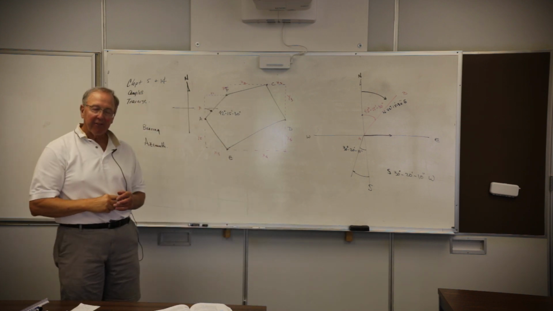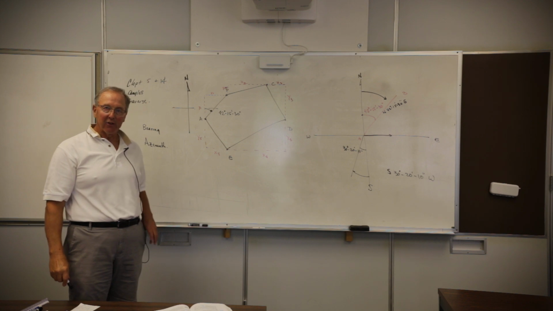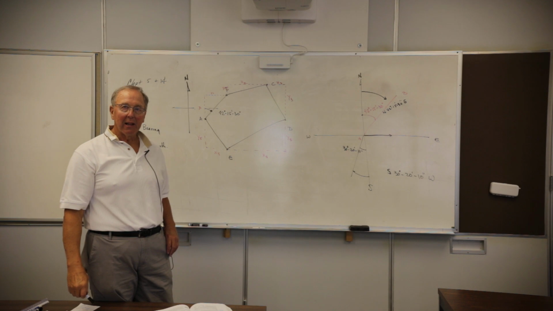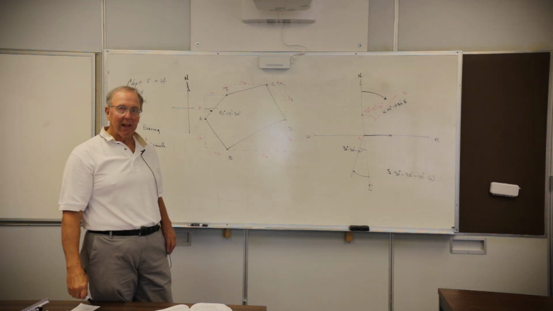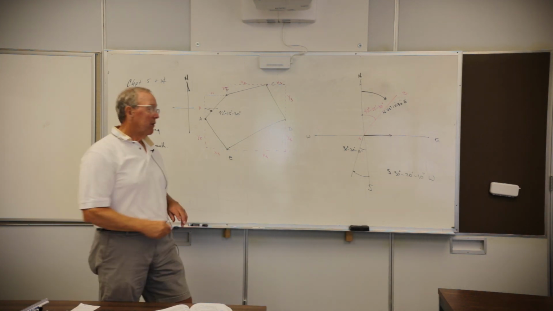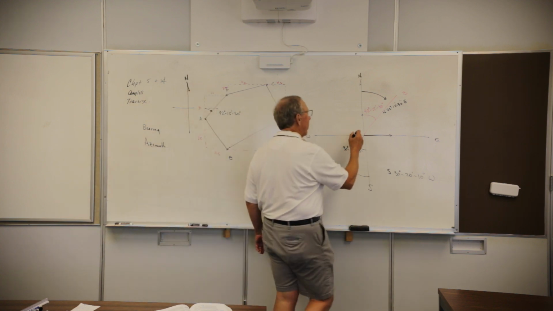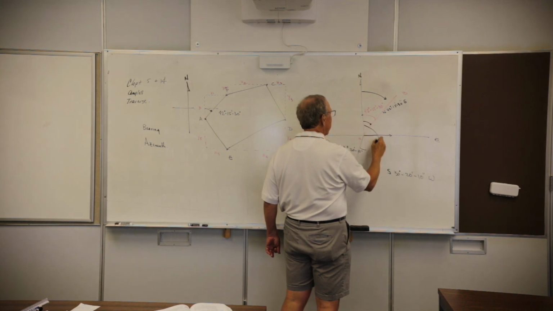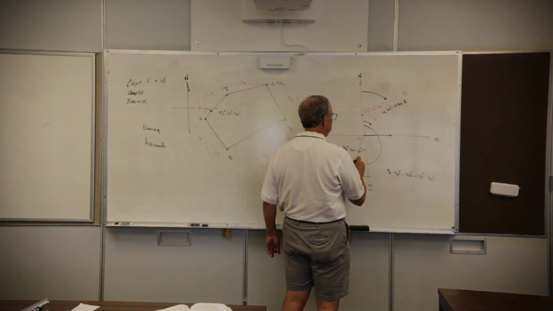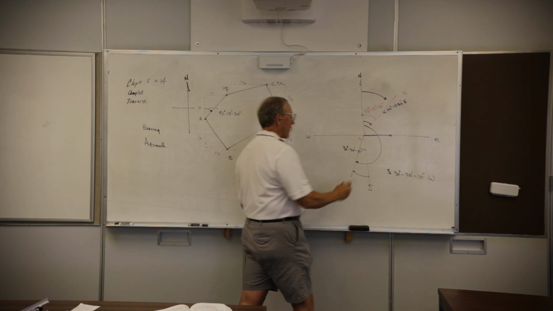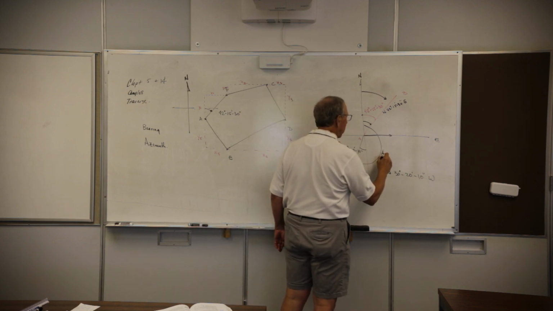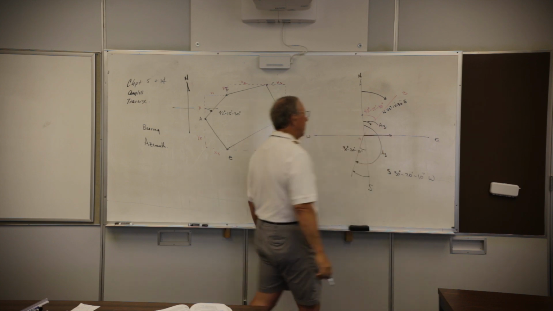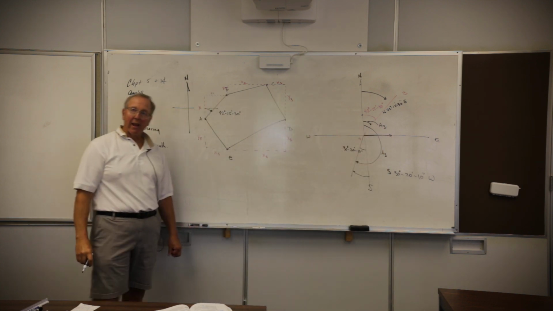Our azimuths are defined as a northerly azimuth, and the azimuth is defined by the angle measured clockwise from north. So the azimuth of this line would be right here. The azimuth of this line would be right here. So that's azimuth. So to find the azimuth, okay.